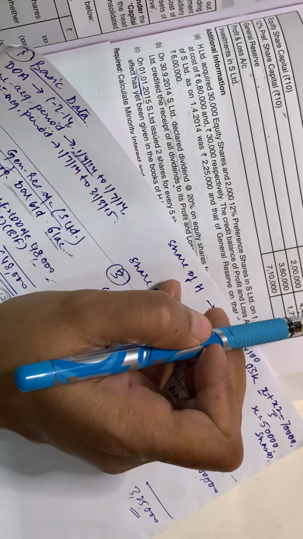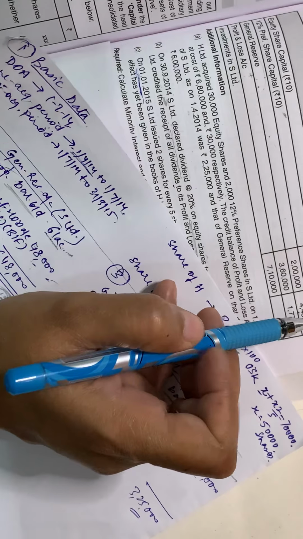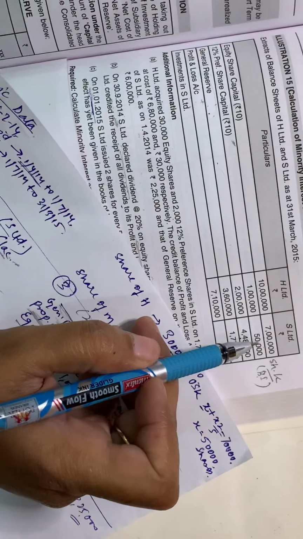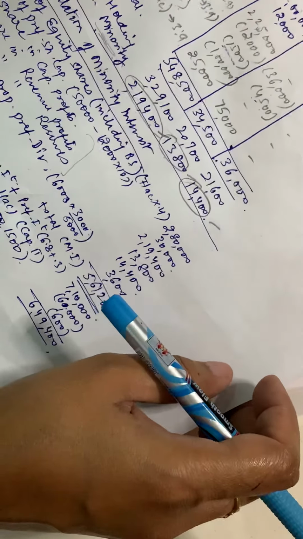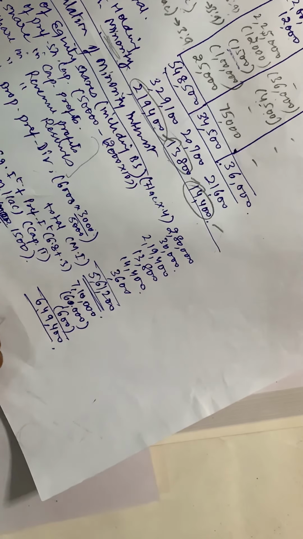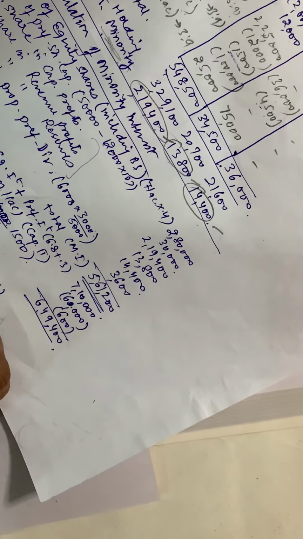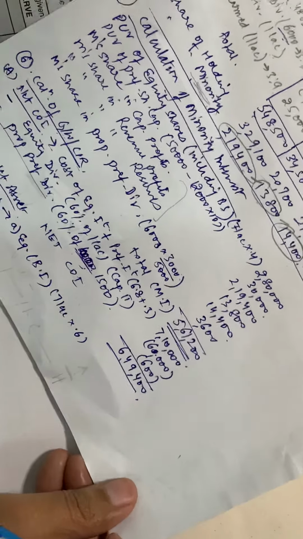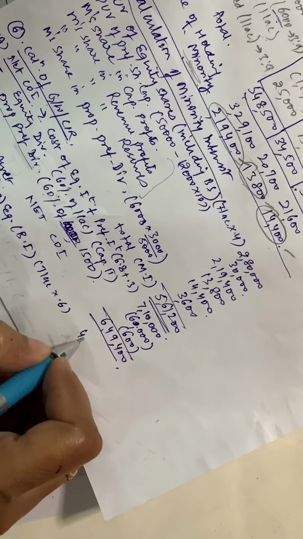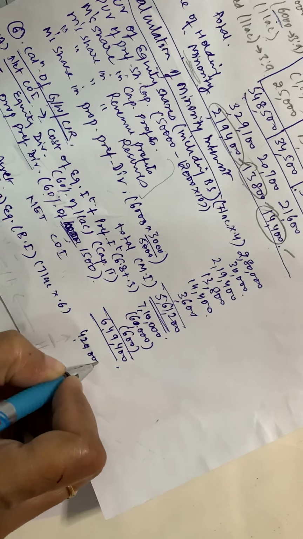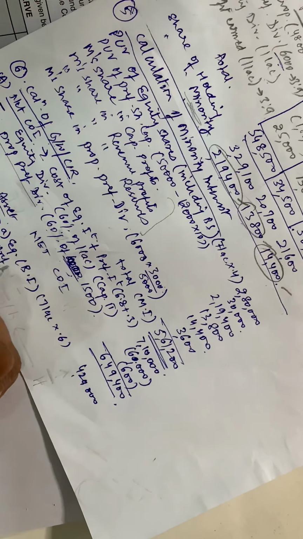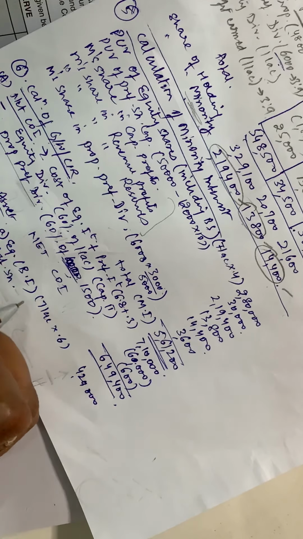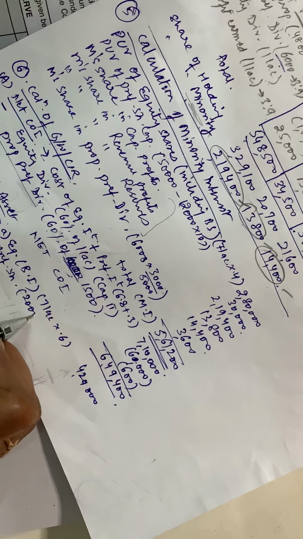Paid up value means you have to pick up the figure from here. That is the extract of the balance sheet. So you have basically 7 lakhs into 0.6, which is 4,20,000. And the second part is preference share capital, which is you had 2,000, 10 rupees per share.